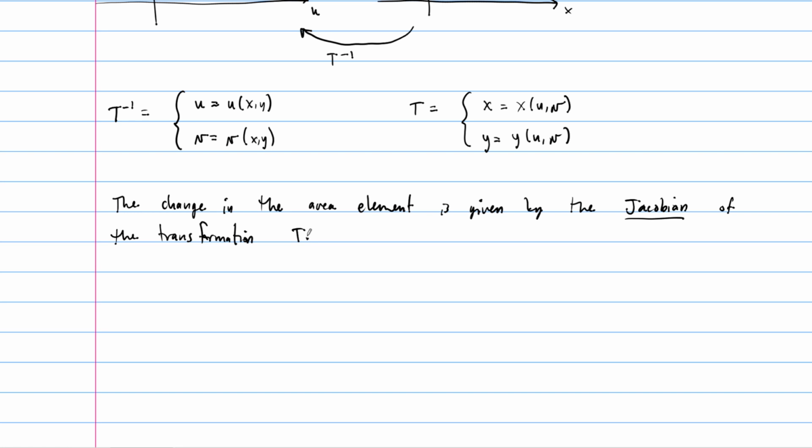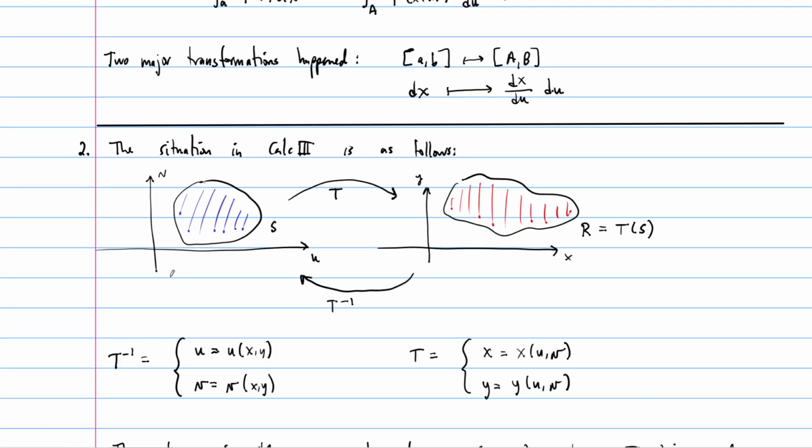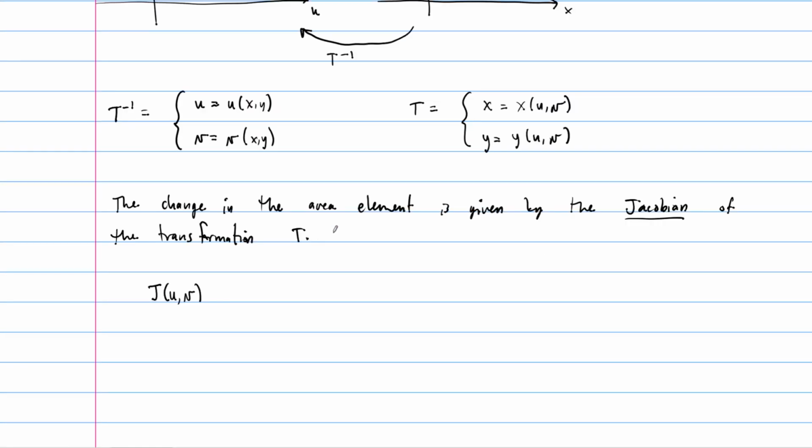So there's a matrix form, which will be part of the definition here, but I'm going to write down the function form. So the Jacobian, J of uv, I'm going to call this. So this is a function of u and v that explains how the area changes over here, depending on u and v from back here. Okay, so J of uv is going to be defined as the determinant of a matrix, and the matrix is going to be the partial derivatives of this transformation.